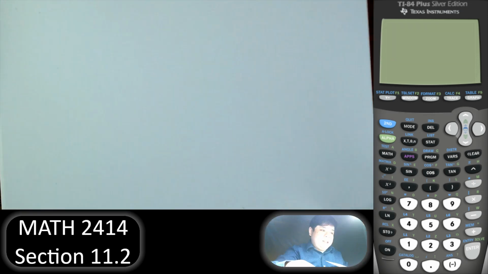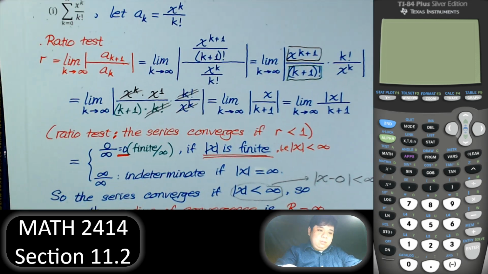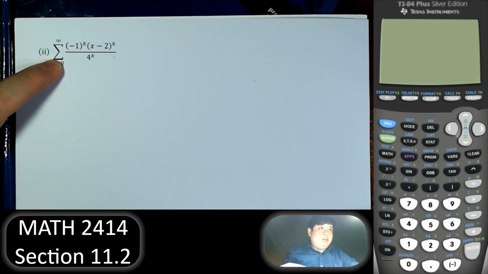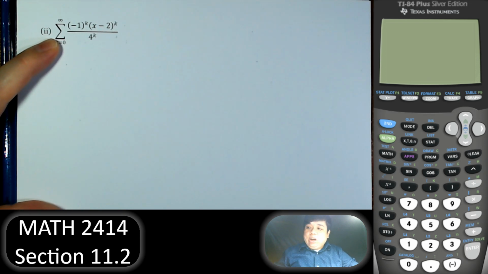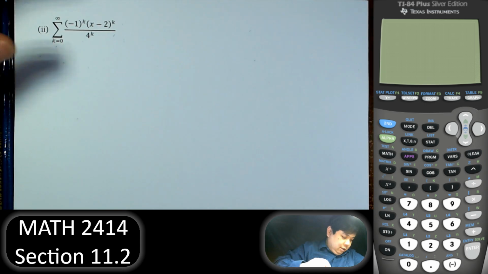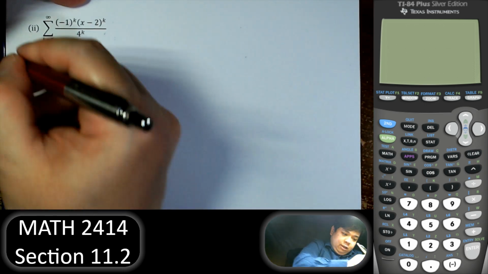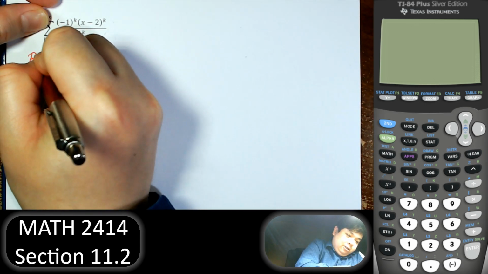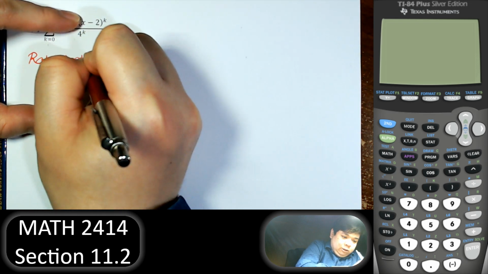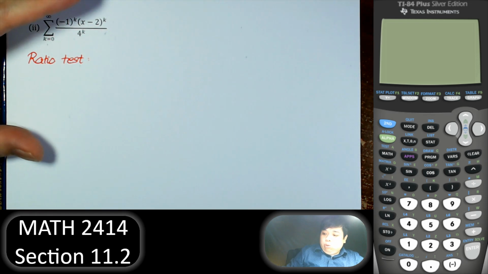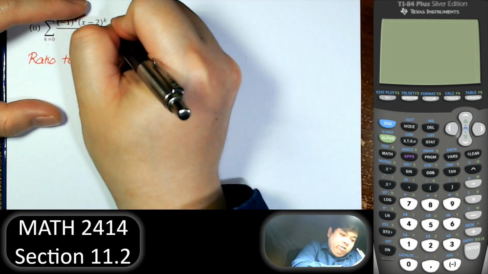Next, let's find the interval of convergence of this problem. So we do the same thing, the ratio test. This one will be a little more work than the previous one.